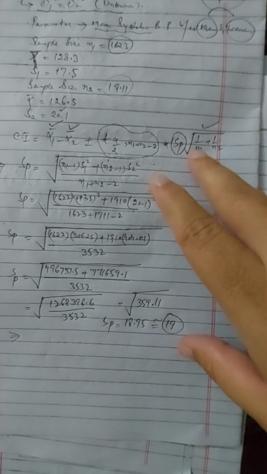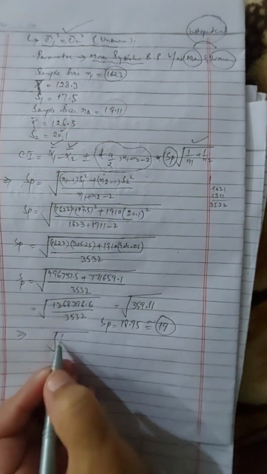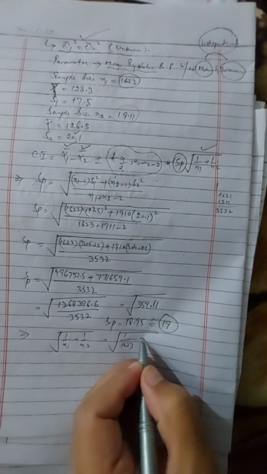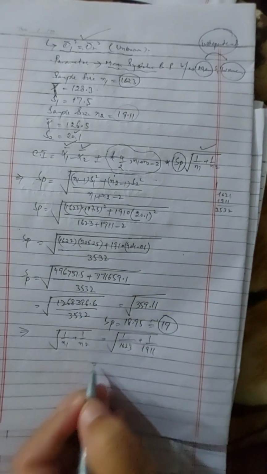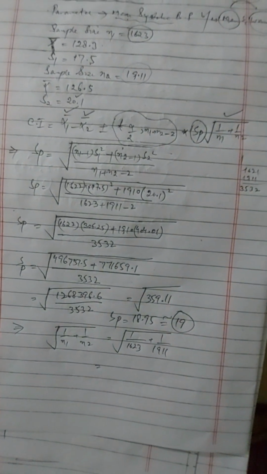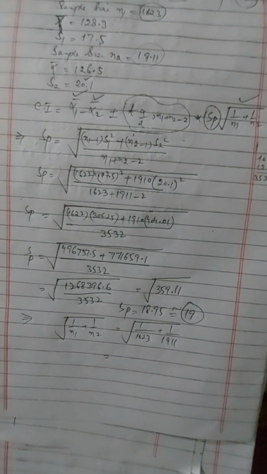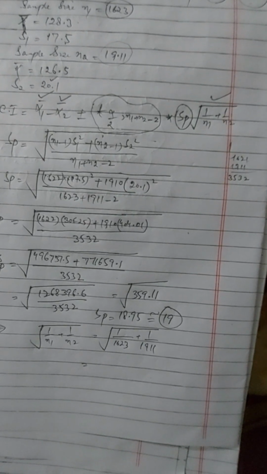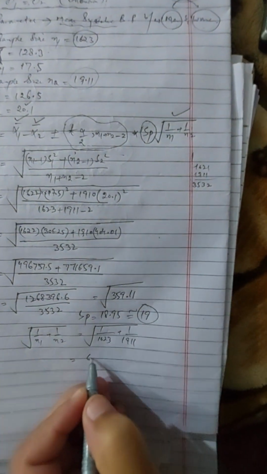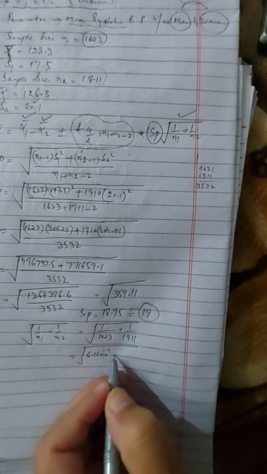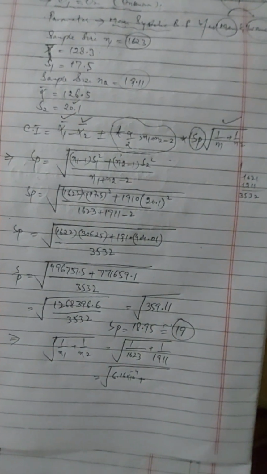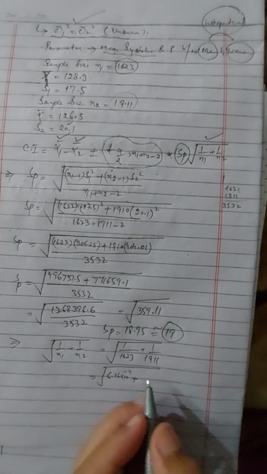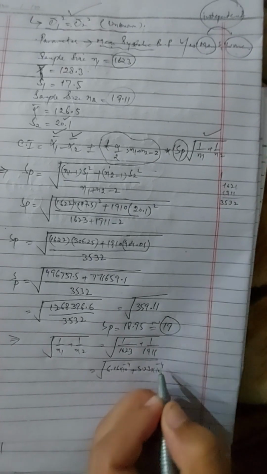First, the multiplier: 1 over n1 plus 1 over n2. 1 divided by n1, which is 1623, gives us 6.16 into 10 raised to the power minus 4, plus 1 divided by 1911, which gives us 5.23 into 10 raised to the power minus 4.